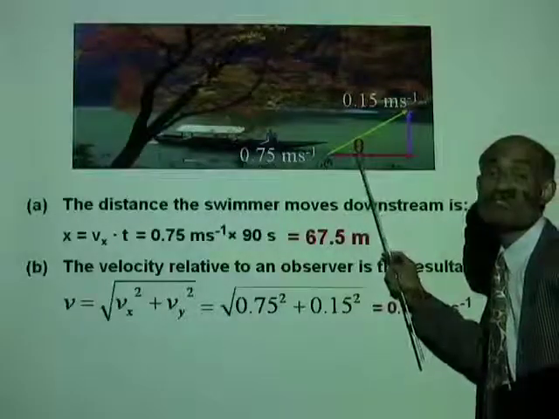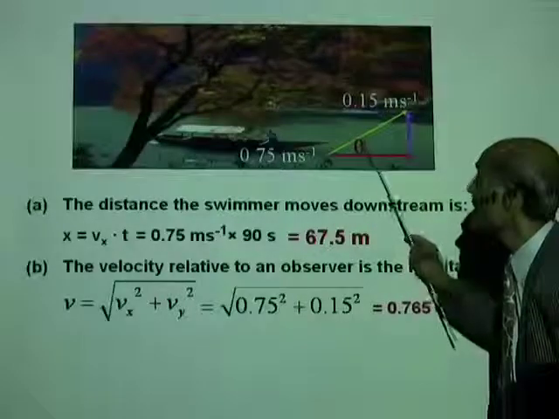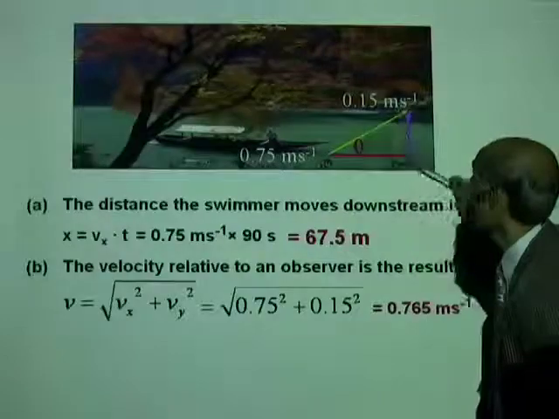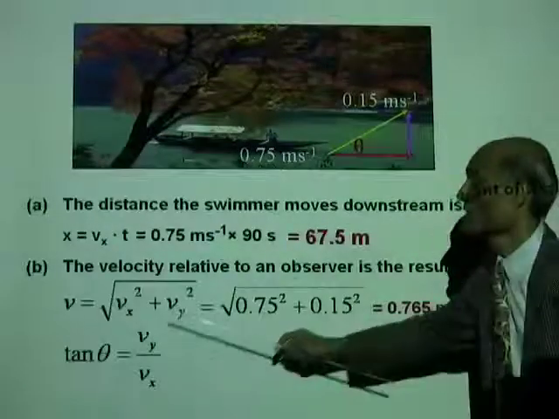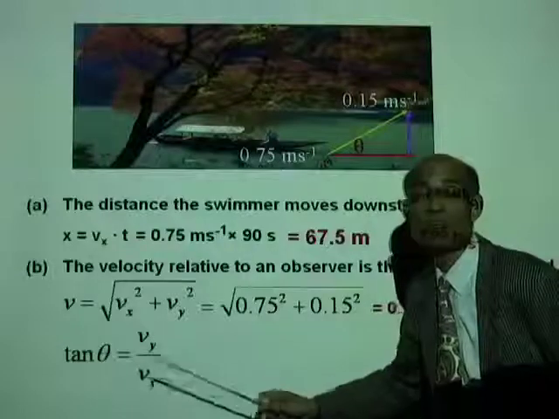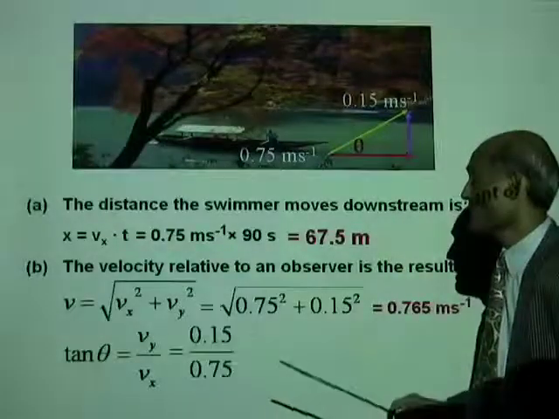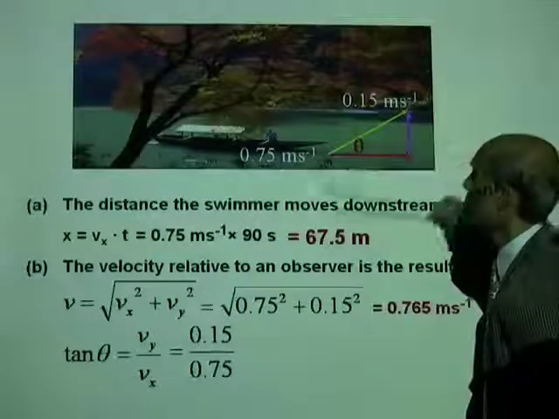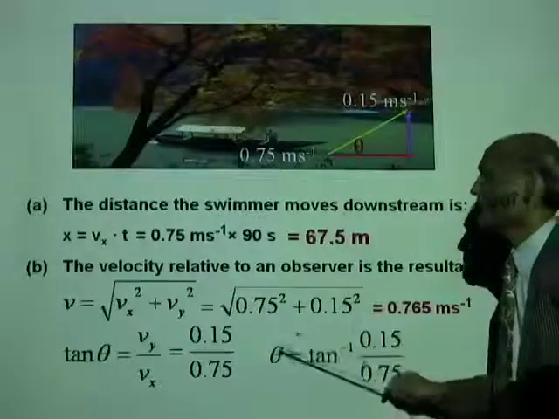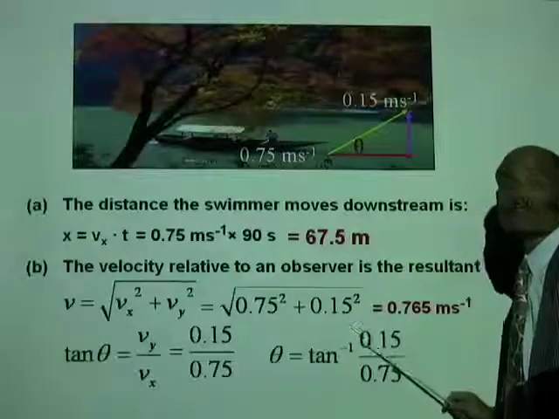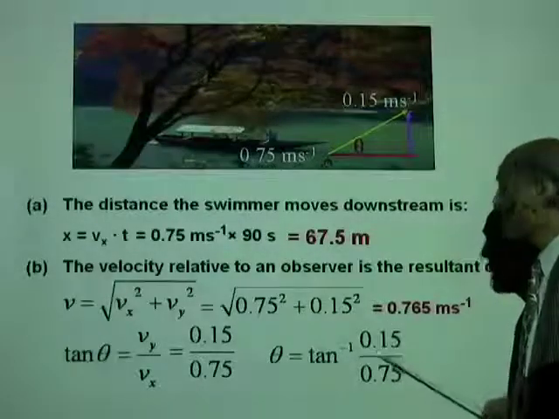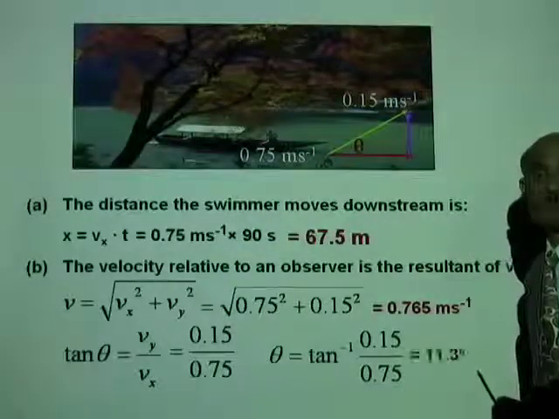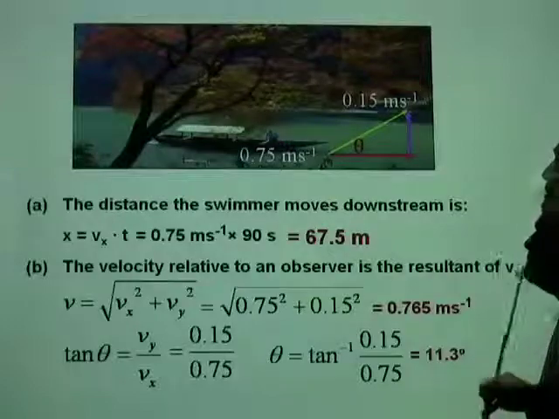And what is the angle of that velocity? We have been doing these so many times. Tan theta equals Vy divided by Vx, which is 0.15 divided by 0.75, and therefore theta equals tan inverse of Vy divided by Vx. That is 11.3 degrees.